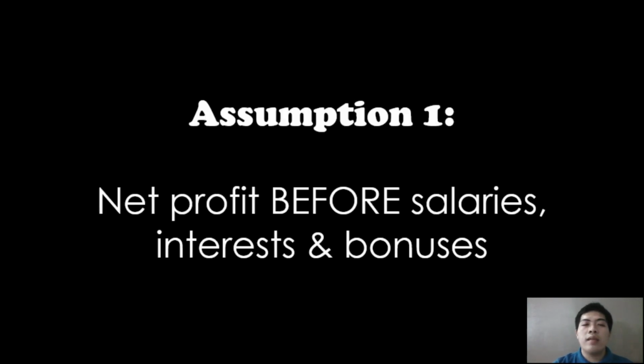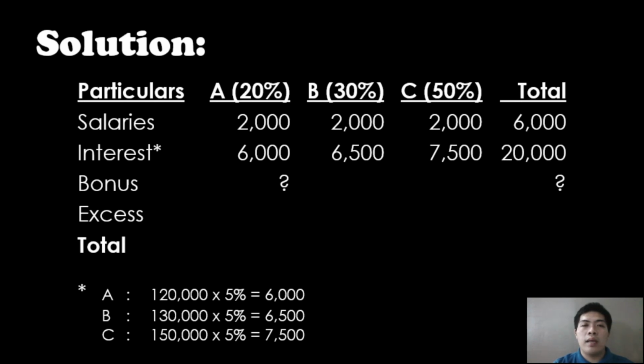So let's have it first. Net profit before salaries, interest, and bonuses. So yung ibig sabihin lang naman ng net profit before salaries, interests, and bonuses, before deducting those three items sa net profit. Ganun lang. So, ganito yung magiging parang presentation natin. Okay? So, we have to compute for bonuses.